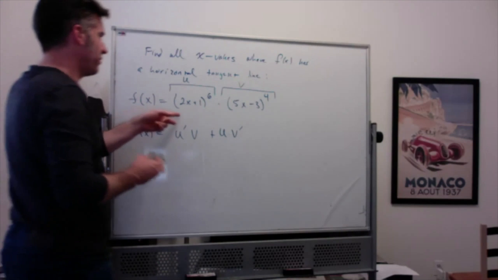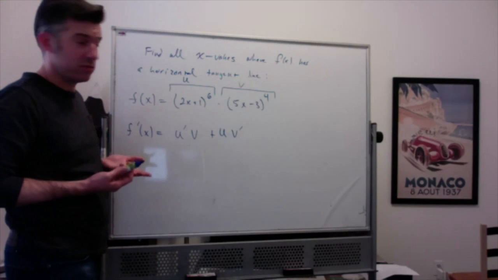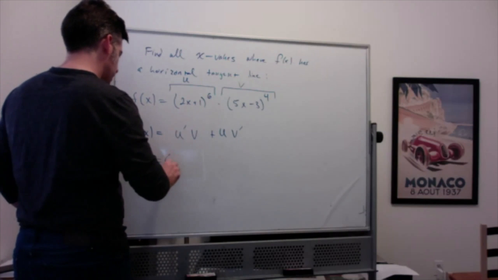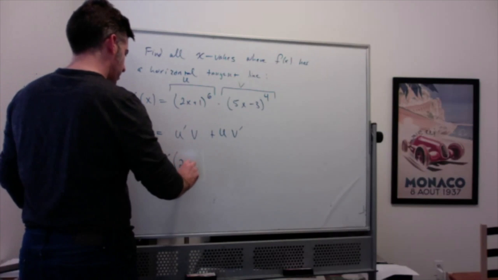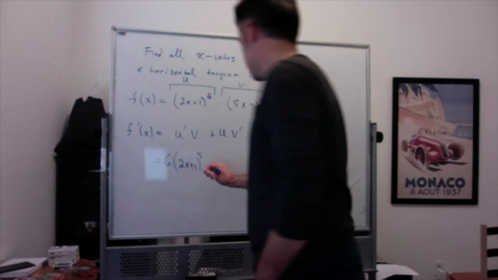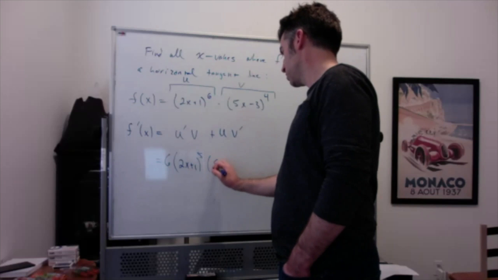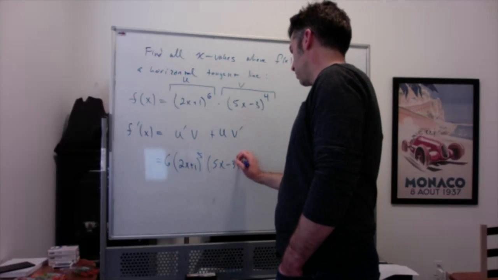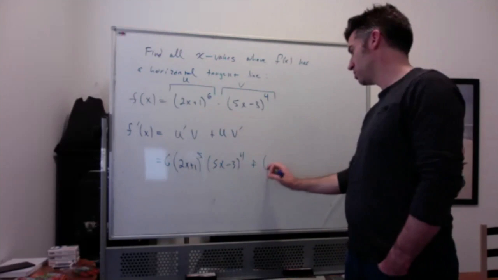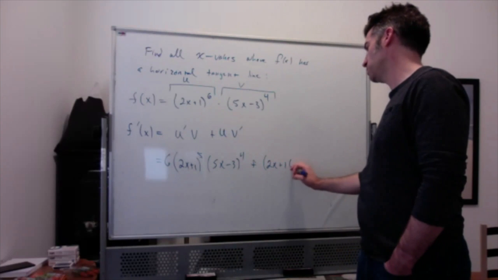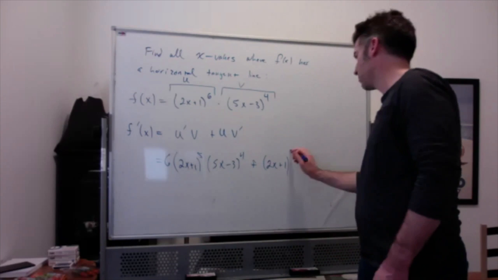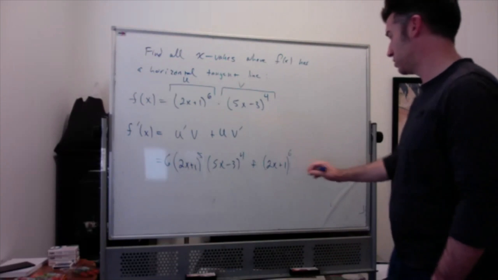So to take the derivative of u, I'm going to have to use the chain rule, which is the derivative of some stuff to the 6th power is 6 times my stuff to the 5th power, times v, which is (5x minus 3) to the 4th, plus u, which is (2x plus 1) to the 6th, times the derivative of v, which again, chain rule.